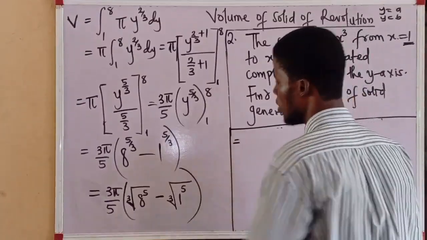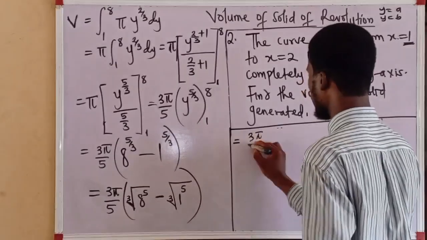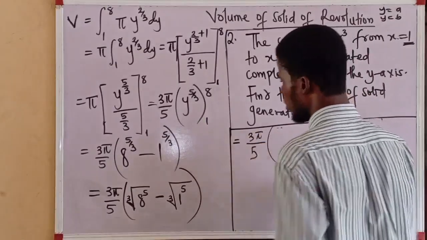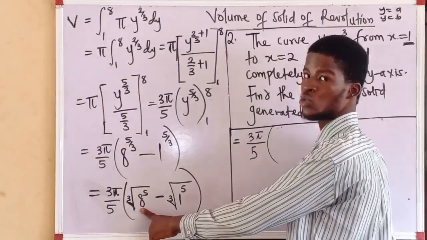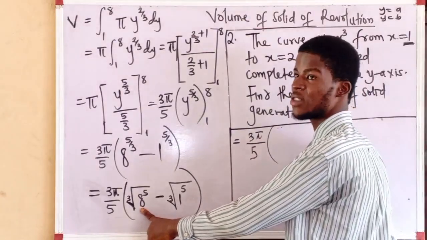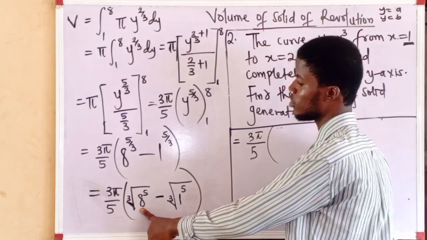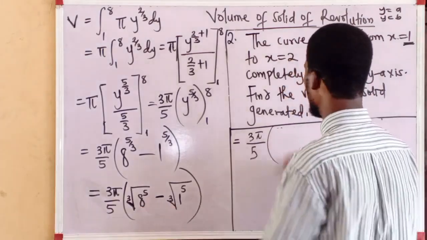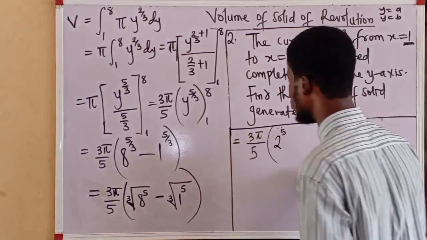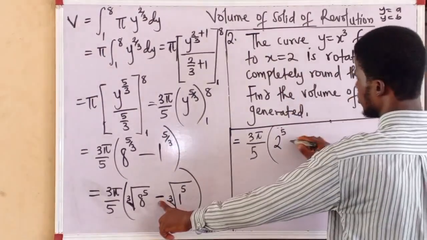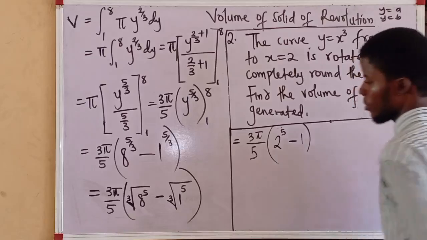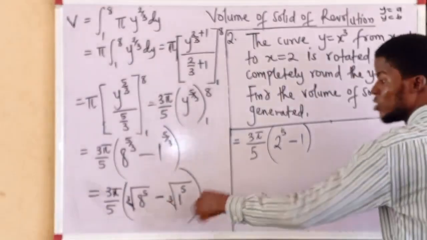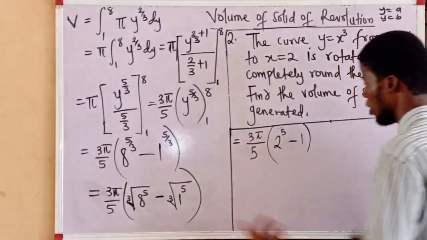So we have this: 3 pi all over 5. The cube root of 8 is 2. That is the number that will multiply itself 3 times to give us 8. Then 2 to the power of 5, which is 32, minus 1. The cube root of 1 is 1. 1 to the power of 5 is still 1.